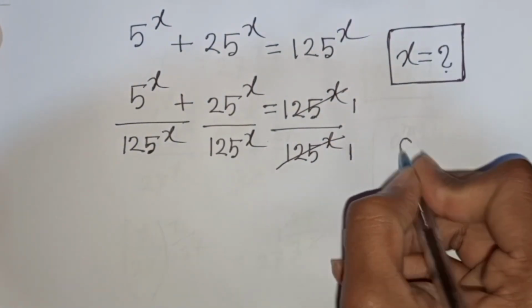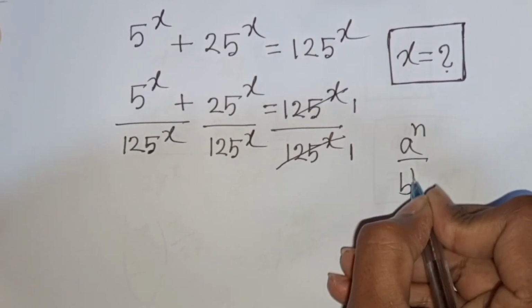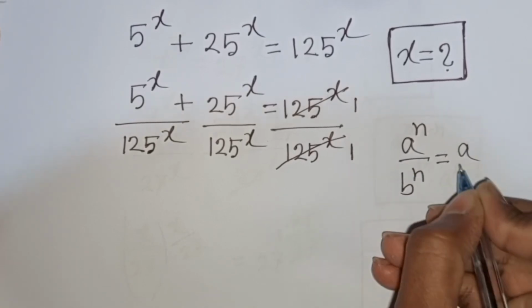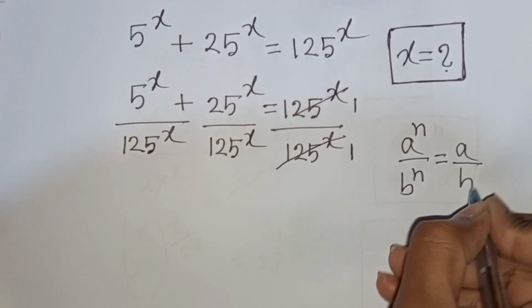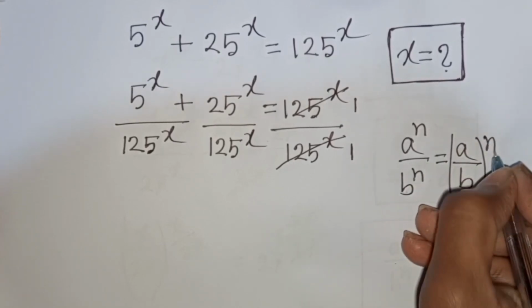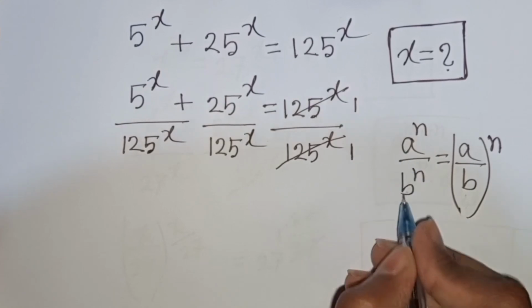So remember this formula: a power n over b power n is equal to a over b, then bracket common power n. That means n is the same power but different base.